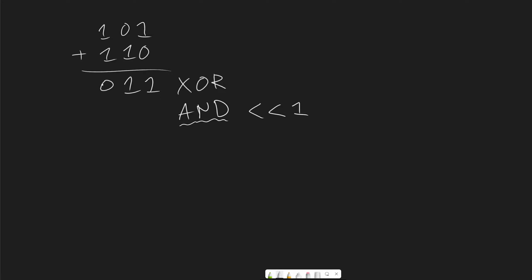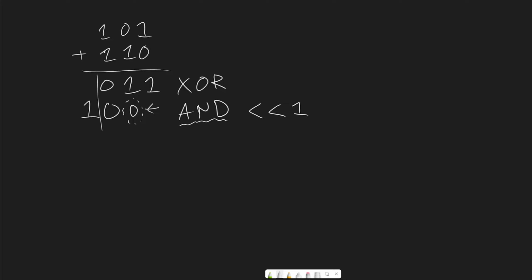What about AND? Well, first of all, AND needs to be shifted to the left 1. So when we look at 1 and 0, we're going to put this digit here. And 1 and 0 is 0 because 1 and 0 is not the same. Same thing with 0 and 1. They're not the same, but 1 and 1 are the same. So it's going to be 1.